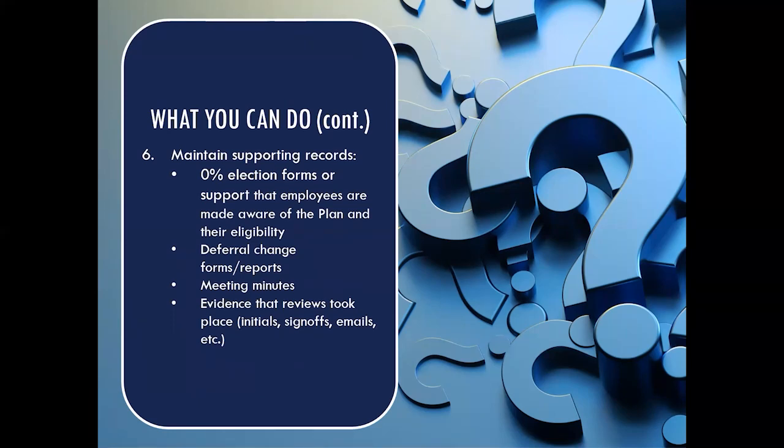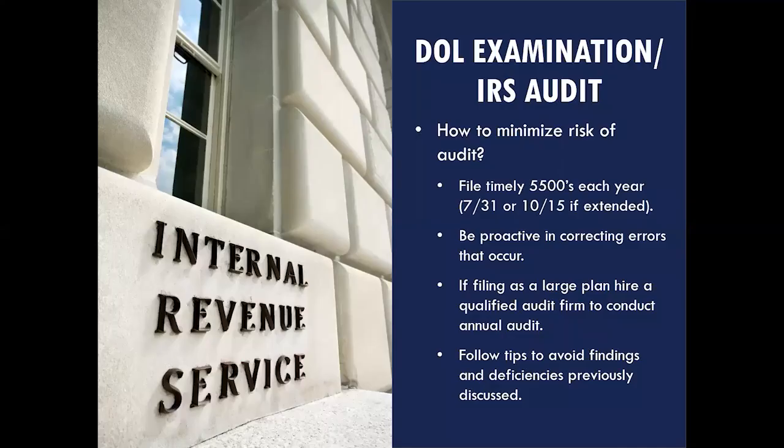I oftentimes see emails that are retained to help support certain electronic approvals or change records, maintaining supporting records for those 0% elections or when participants are declining participation if at all possible, and having support for those deferral election changes. And last but not least, that meeting minutes topic, ensuring that you have documented meeting minutes in place to support that you're monitoring the plan and executing on those fiduciary duties.